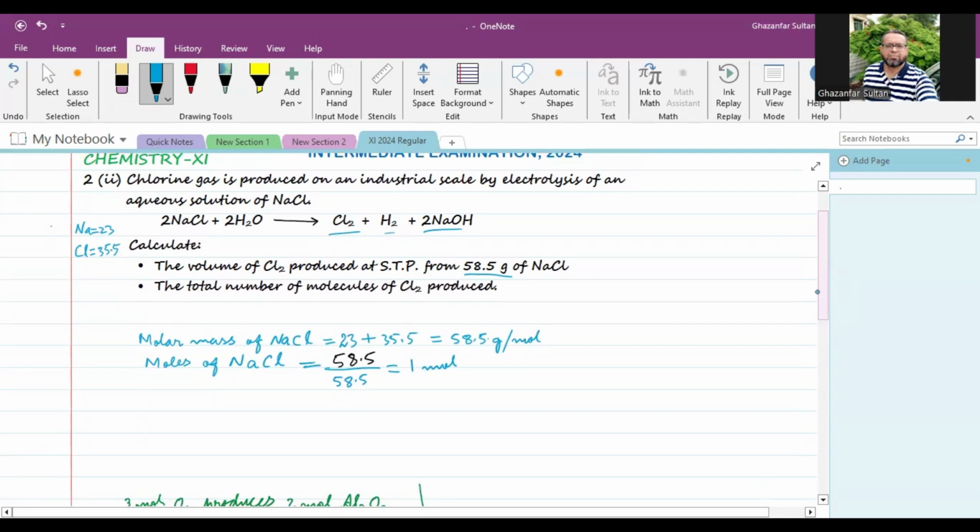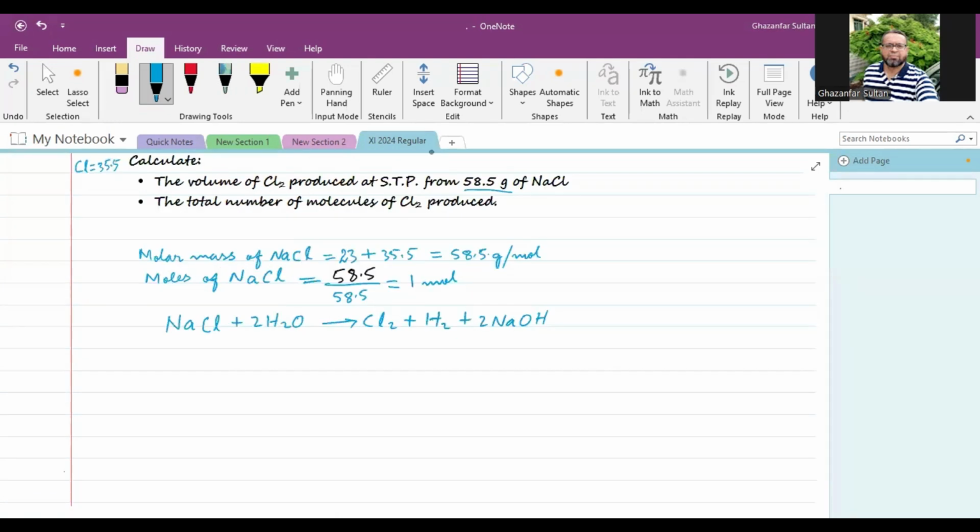So first you have to calculate the volume. So you need this equation, whether you rewrite the equation here or use it from the question paper. We need only sodium chloride and chlorine. We will ignore the rest of the components in this equation.